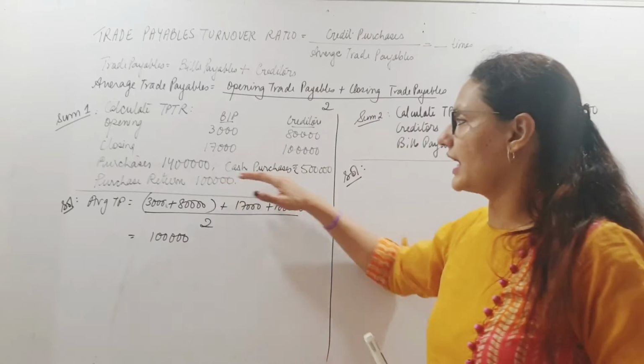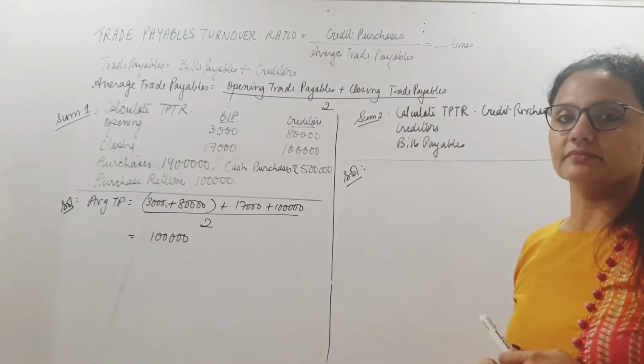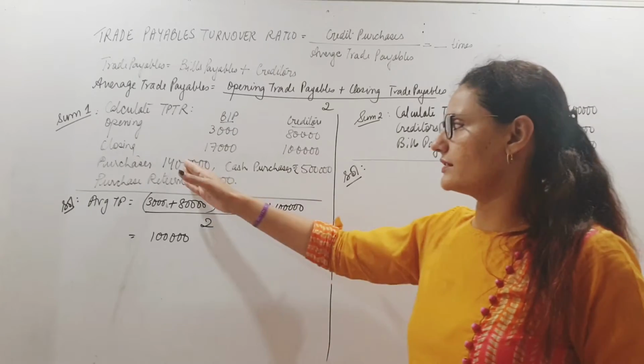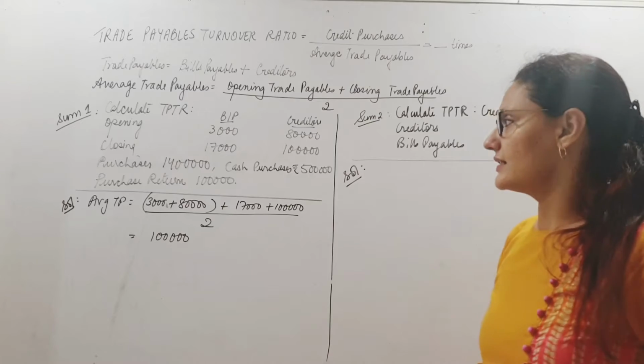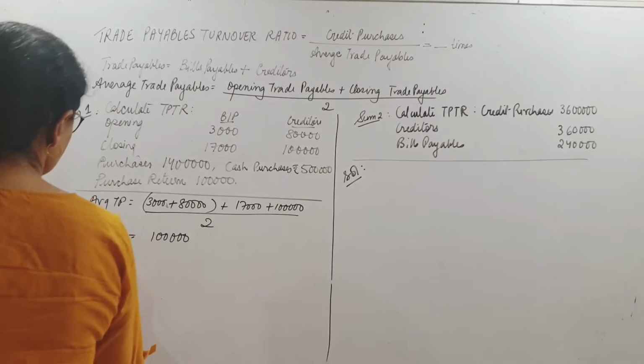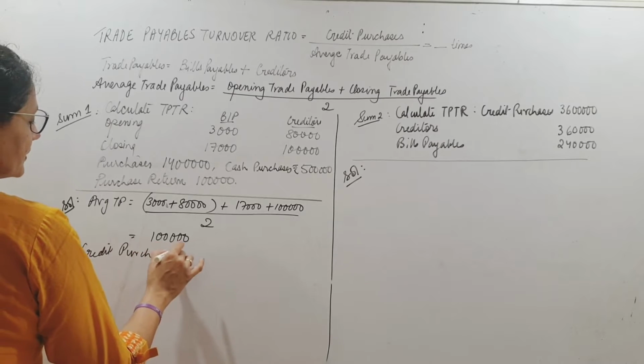So how much is there? 9 lakhs is there. But purchase returns are also there, 1 lakh. So my total net purchase is not 14. I have to anyway subtract 1 lakh from purchase, right? So this gives me credit purchases. कैसे आएगा?